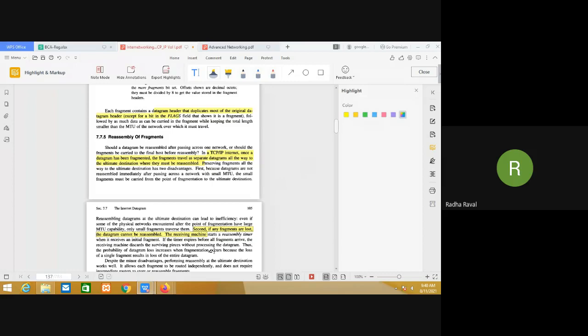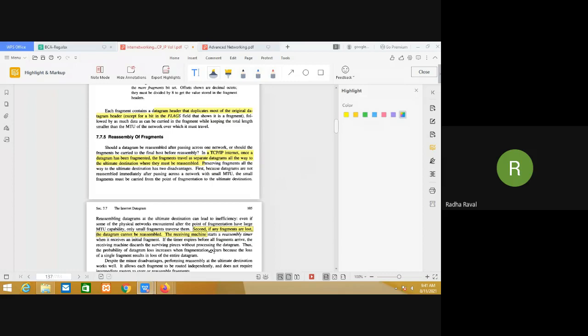If they don't come, the destination will not provide service to that datagram. It does not reassemble the original datagram, so it discards the whole process and all previously received fragmented parts.